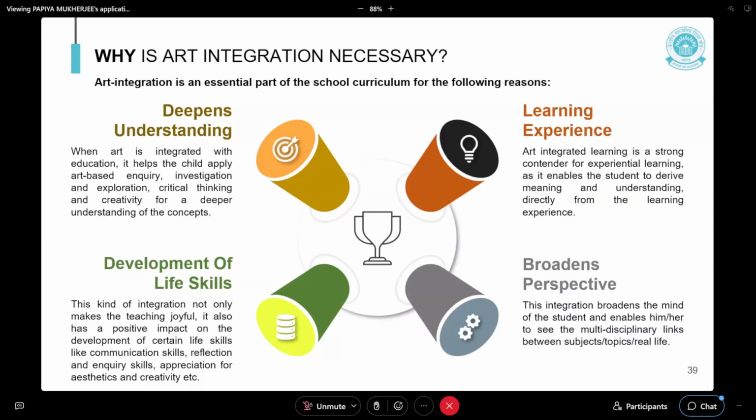Not only this, since it is a multi-dimensional approach, it allows students to find out the link between multiple disciplines, subjects, and topics, and that is what happens in real life.